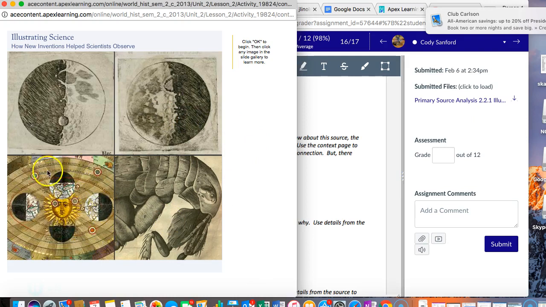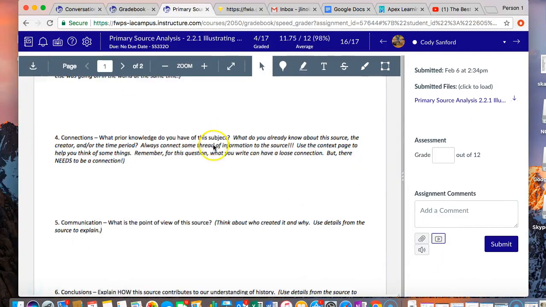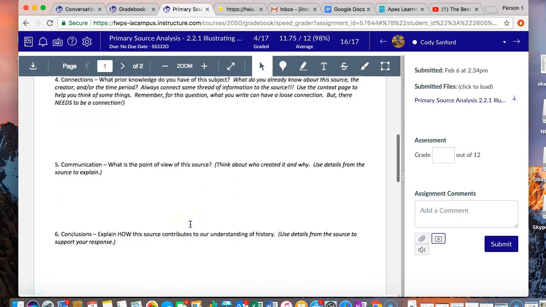What could you say about the solar system or the sun? What do you know about fleas? What do you know about drawing? Any of those ideas would work for this question here, connecting information to the actual source, okay?